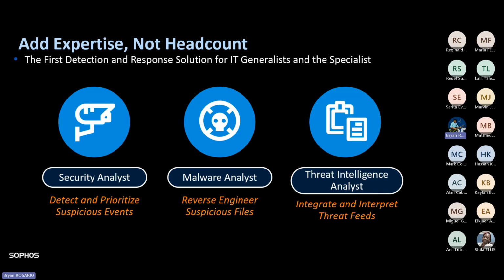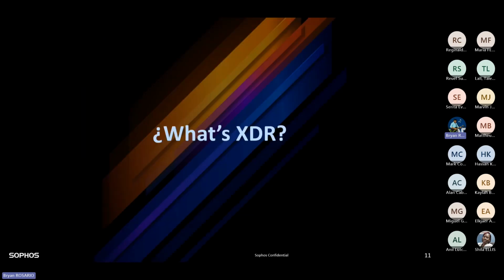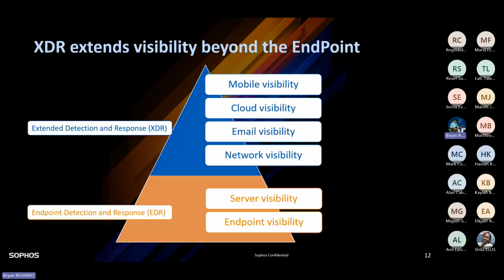Now, EDR is already an old generation product. Current generation is XDR. But what is XDR? Well, EDR, or Endpoint Detection and Response, our previous generation, only was a product to have server and endpoint visibility. Now, extended detection and response, XDR, its main focus is to have visibility over more products.